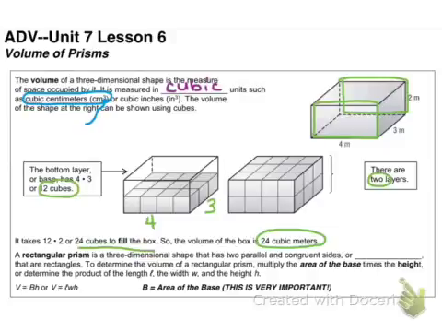So a rectangular prism is a three-dimensional shape that has 2 parallel and congruent sides, or we can call those bases, 2 parallel and congruent bases that are rectangles. And then you also have 4 rectangular faces. So there's a difference.